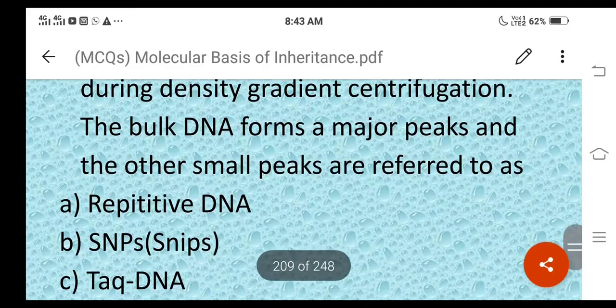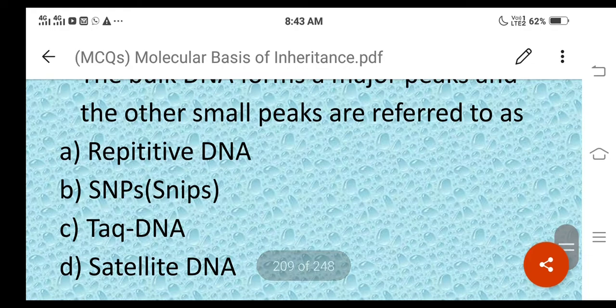The options are repetitive DNA, then SNPs, then tag DNA, then satellite DNA. The correct answer is satellite DNA. The small peaks are referred to as satellite DNA. Option D is the correct answer.